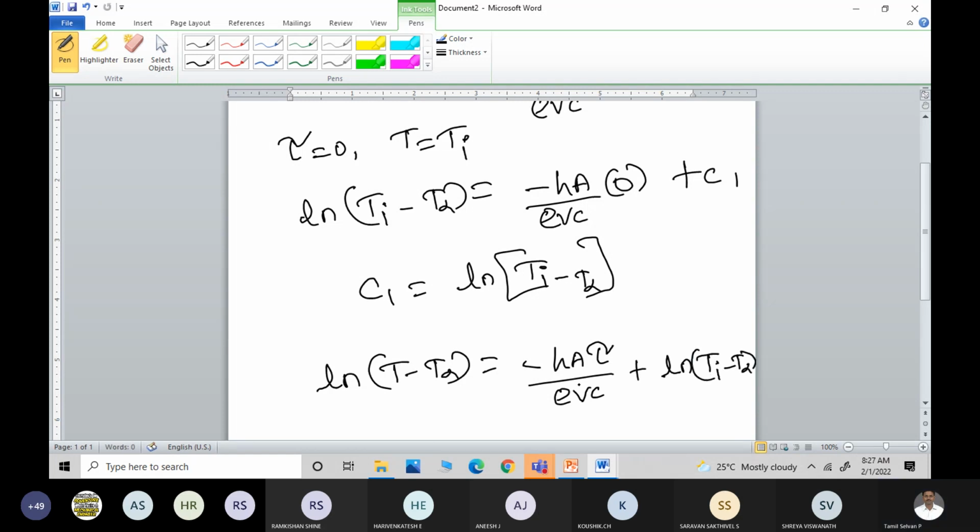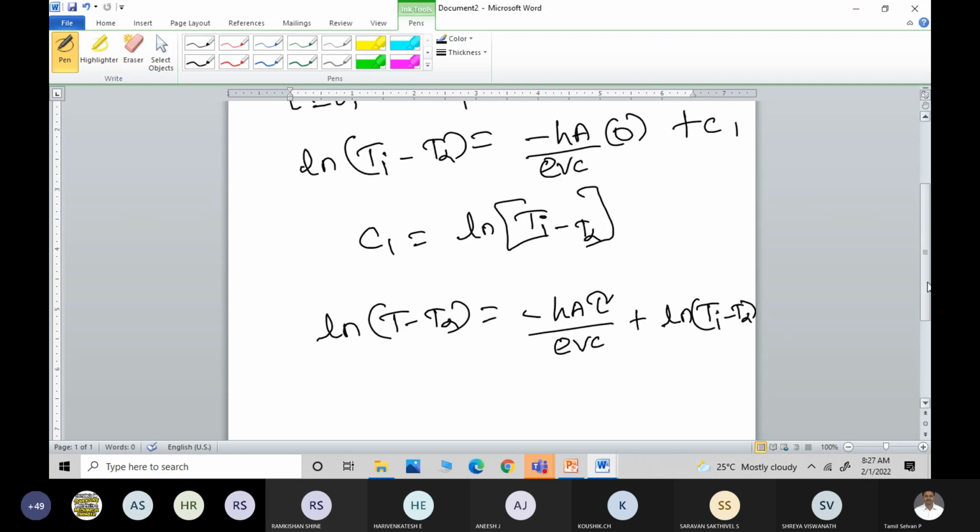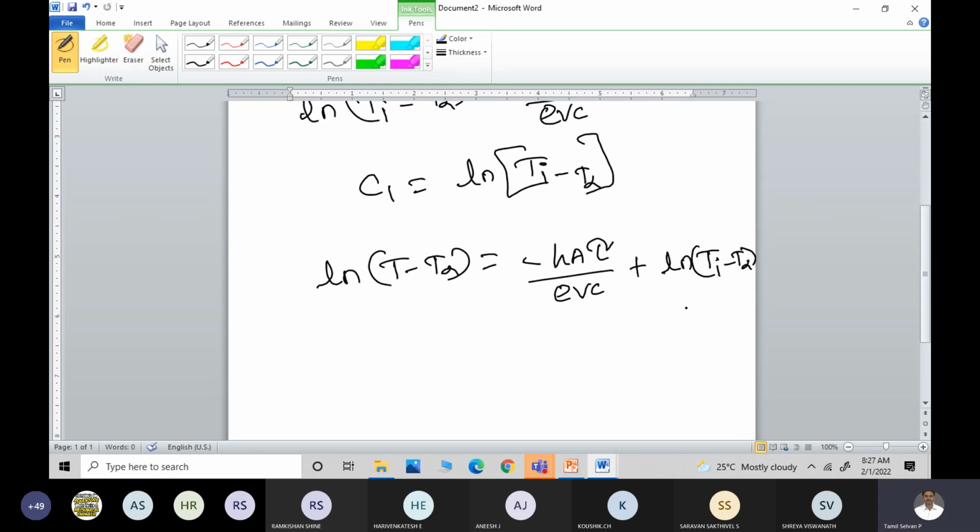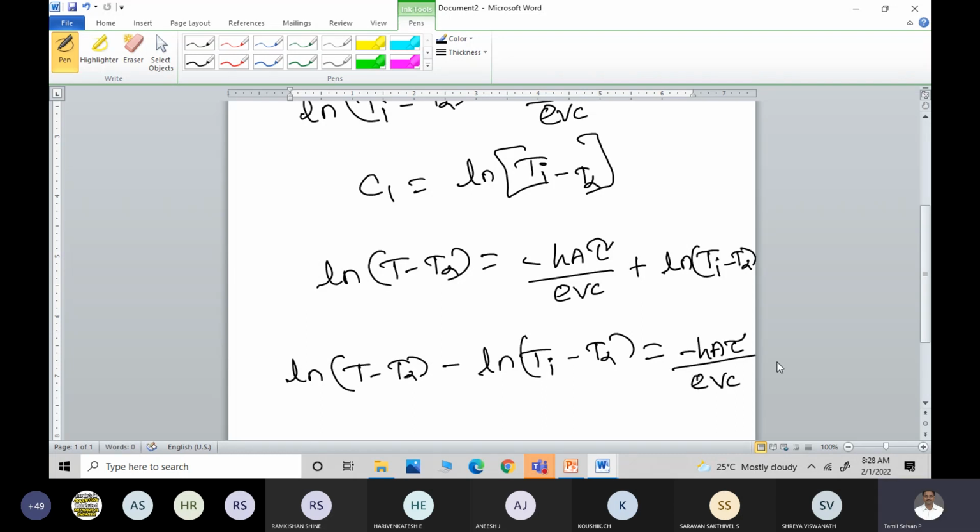Am I correct? Yes, sir. So when natural log of Ti minus T infinity goes to the other side, it becomes natural log of T minus T infinity minus natural log of Ti minus T infinity, which is equal to minus HA tau divided by rho Vc. Am I correct? Yes, sir.